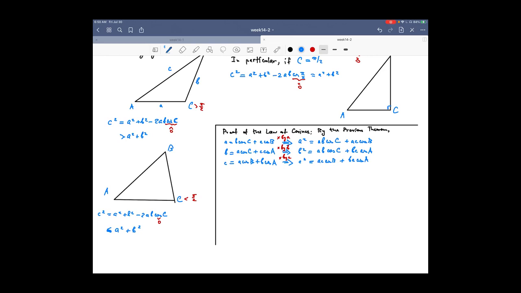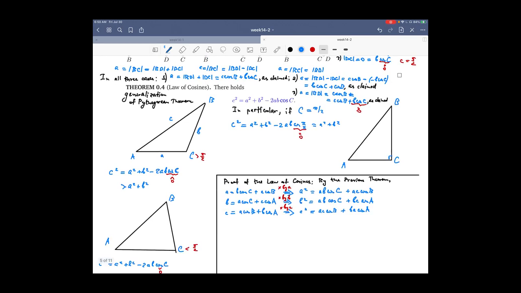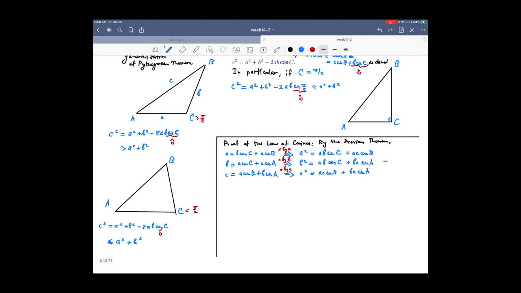And now we should compute a squared plus b squared minus c squared and see what this yields.